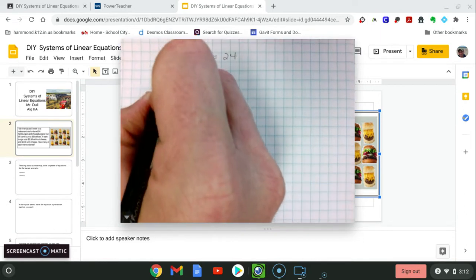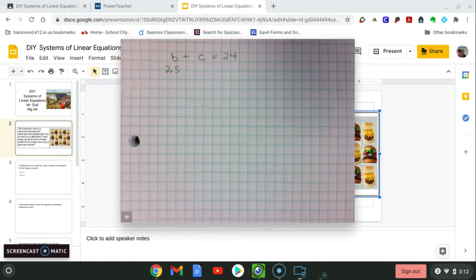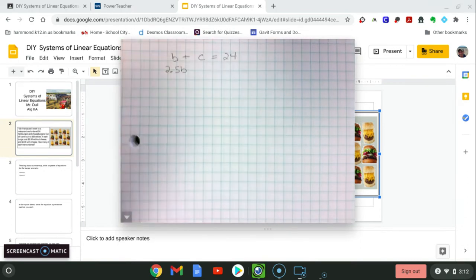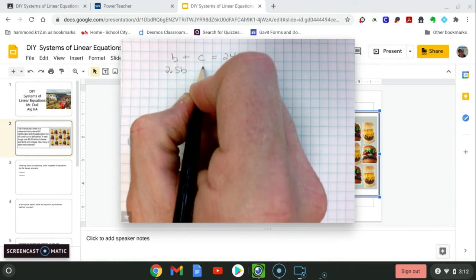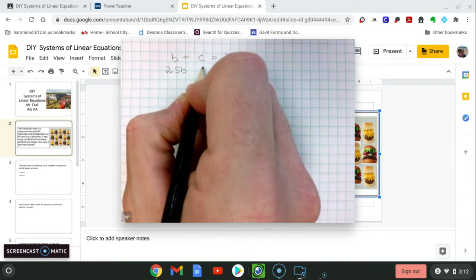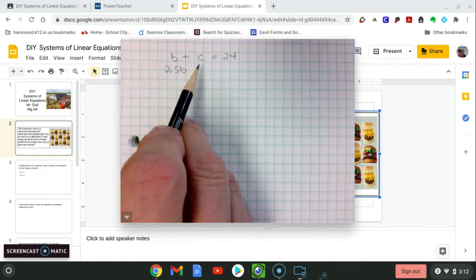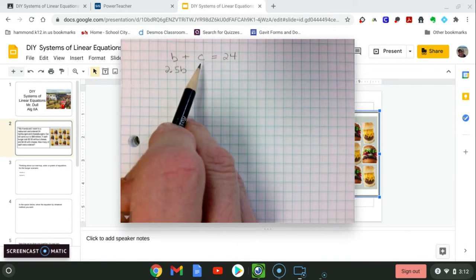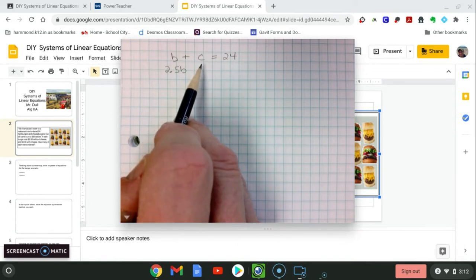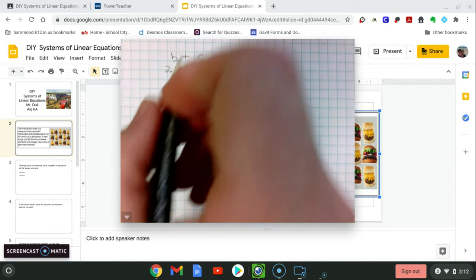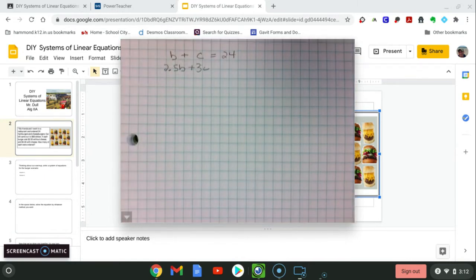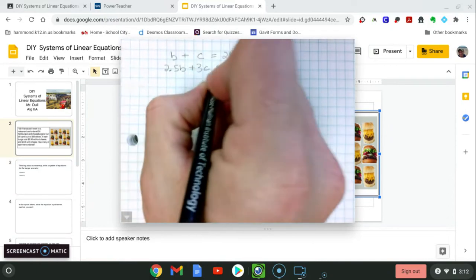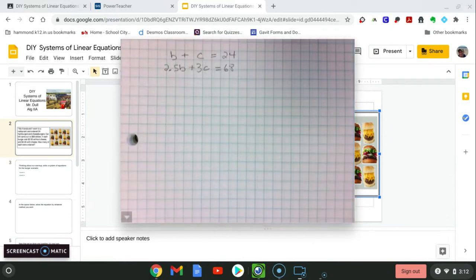So how would I write that as an algebra expression? 2.5 times B. Every cheeseburger was $3. I'm going to follow the same process. How do I write an algebra expression to show that some number of cheeseburgers were purchased and they were $3 each, and it shows the total amount? 3 times C. And the total amount that was spent was $68. So these are the first 2 equations.